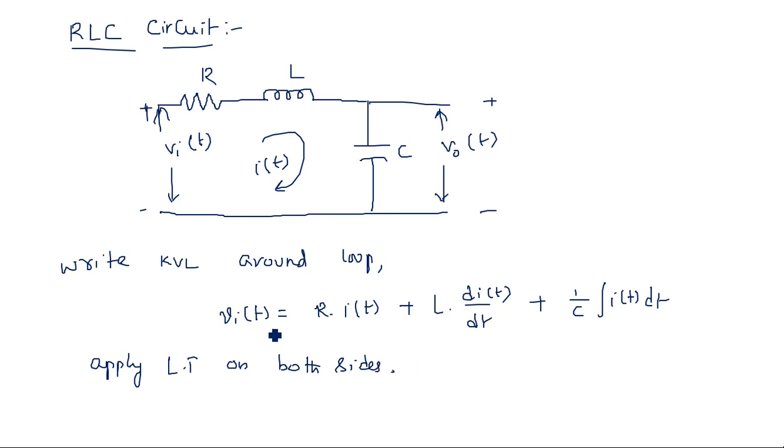Vi of t becomes Vi of s, and R same I of s, plus L into di of t by dt, which means s into I of s, plus 1 by C integral I of t dt. Integration gives 1 by s I of s.